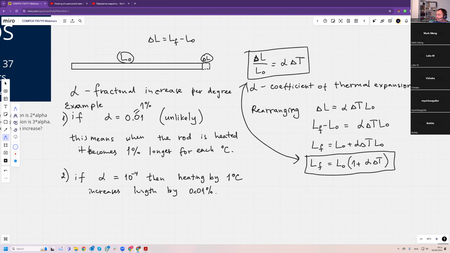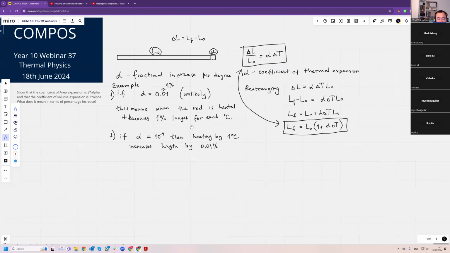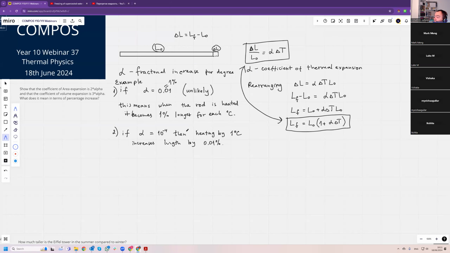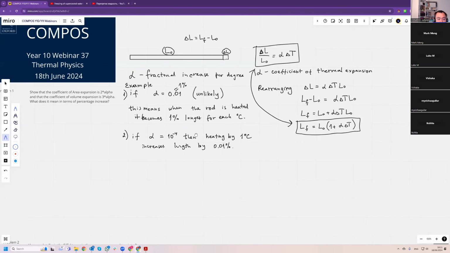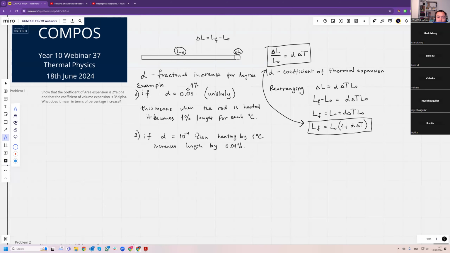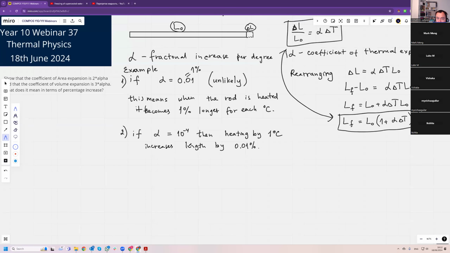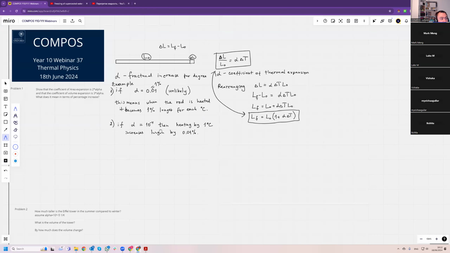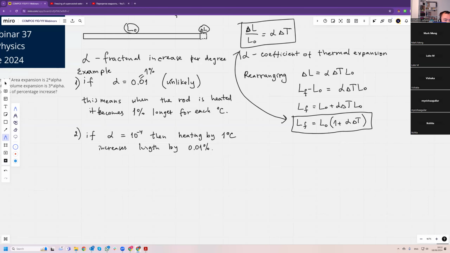For steel, for example, it's 10 to the minus 5. And I forgot the units: K to the minus 1, per degree Kelvin.